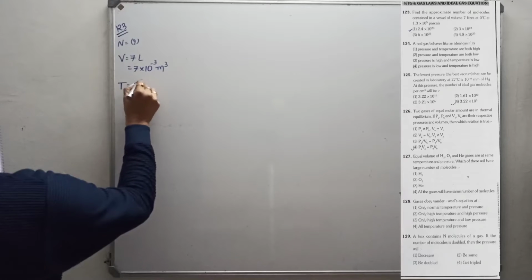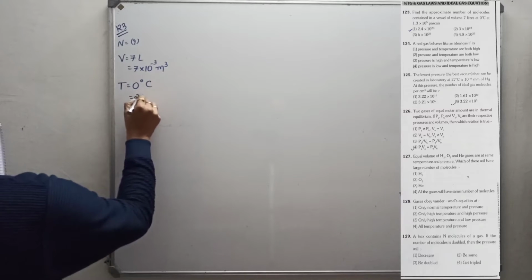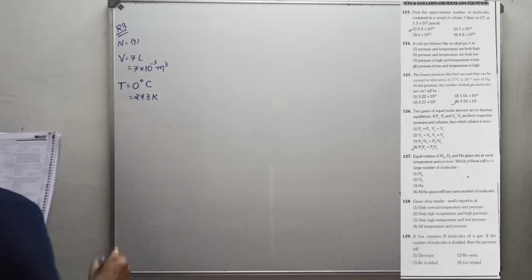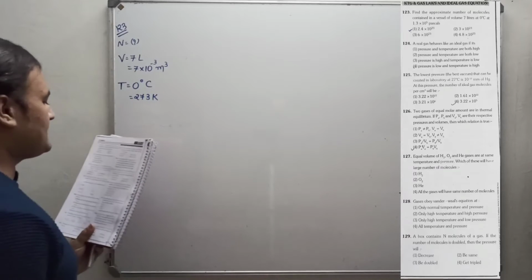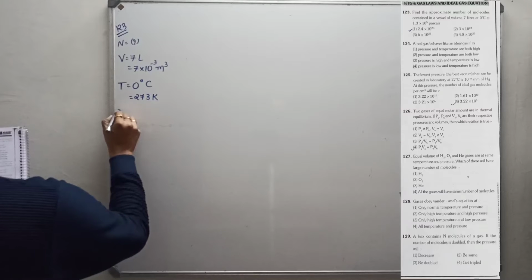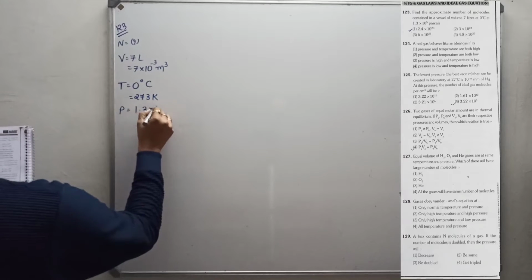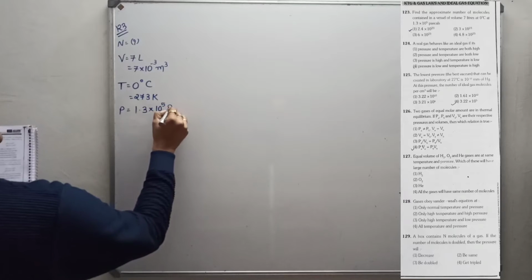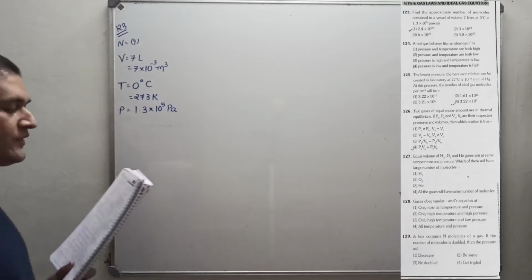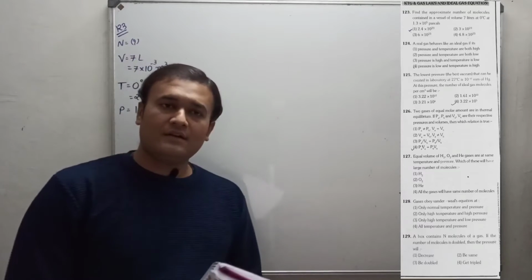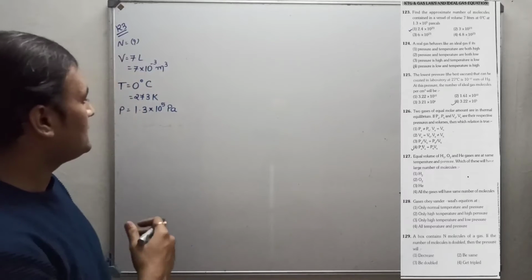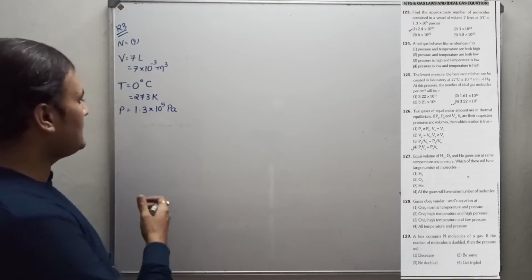T is equal to 0 degrees Celsius, it means 273 Kelvin, at P equal to 1.3 into 10 raised to 5 pascal. You have to calculate. It is very easy.